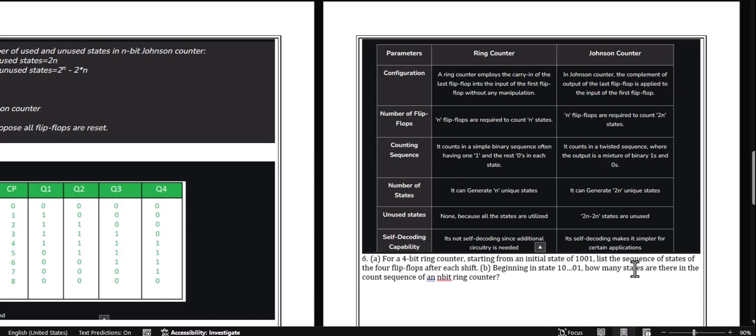Or if the option was given to us to use a specific counter, how would we know we need a Johnson counter for this, or one of those D flip-flop counters?